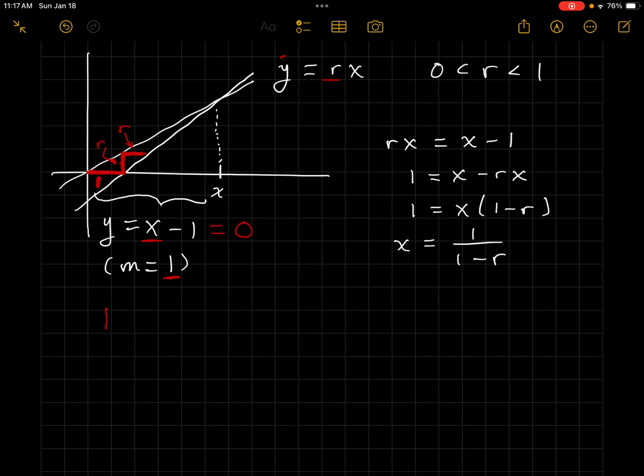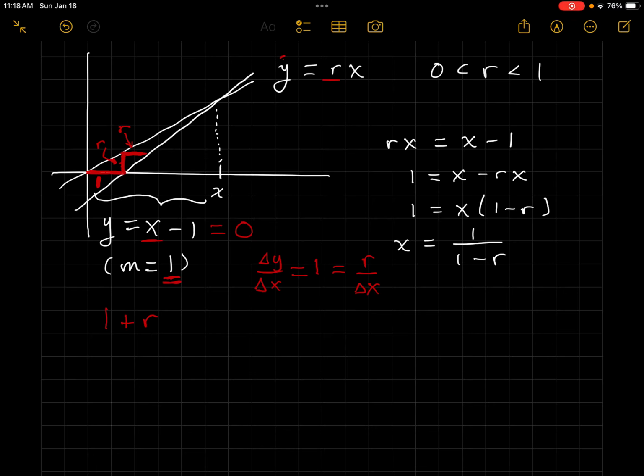So I'll write that over here. I know that delta y over delta x, using my second line, is 1. I already knew that delta y was r, so what does delta x equal? Well, it has to be r as well.